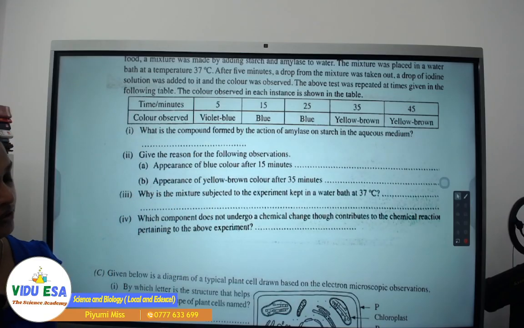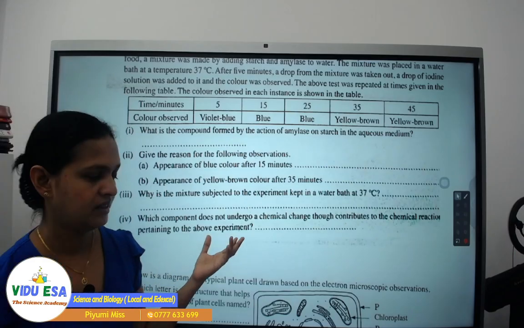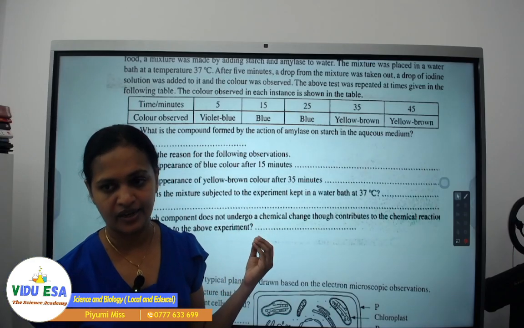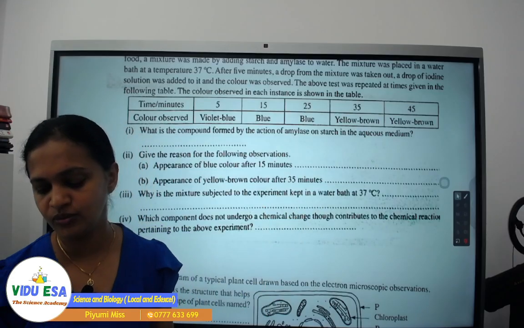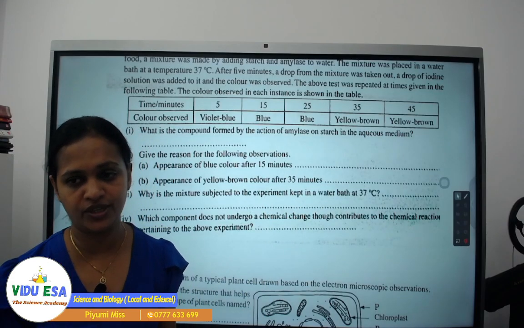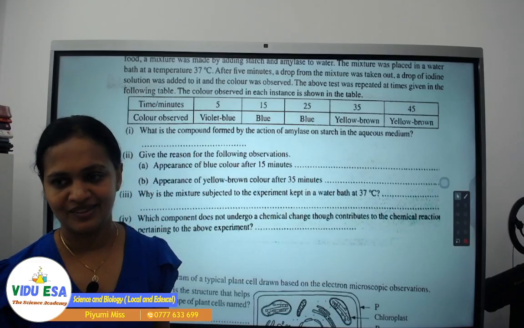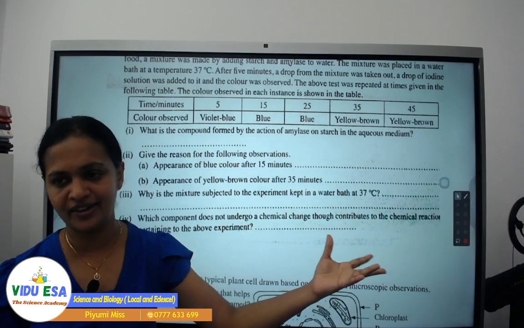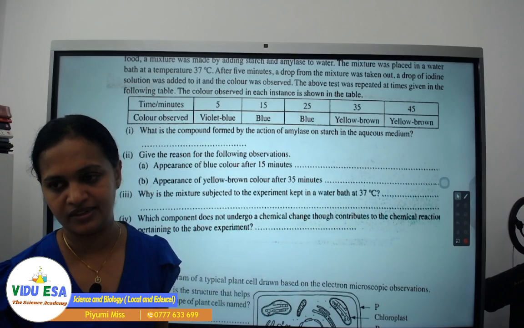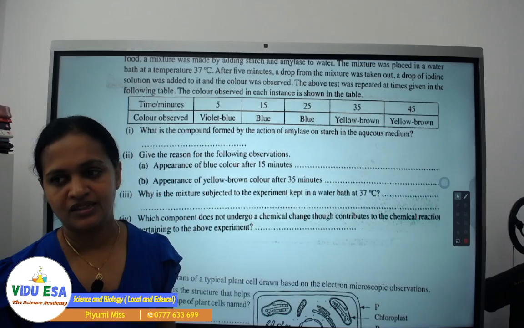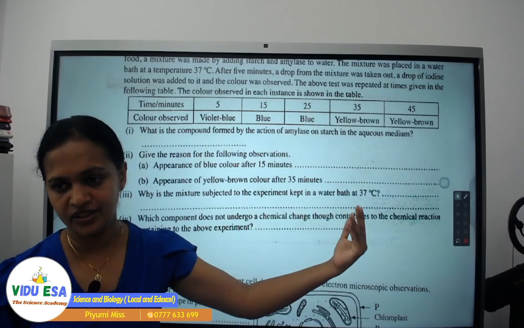Appearance of yellow-brown color after 35 minutes. Absence of starch. All starch has been reacted, or due to the formation of maltose. Complete formation of maltose. Starch is fully reacted. No more starch is there. So starch is fully converted into maltose.